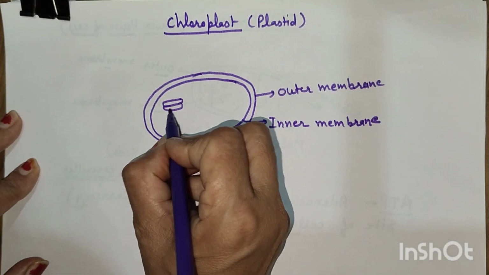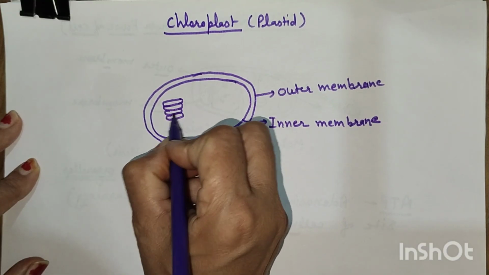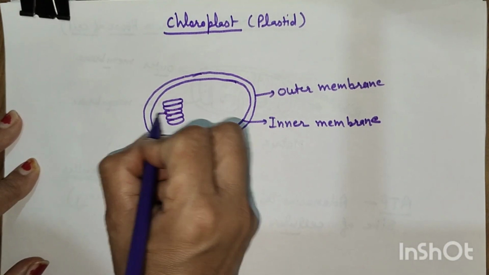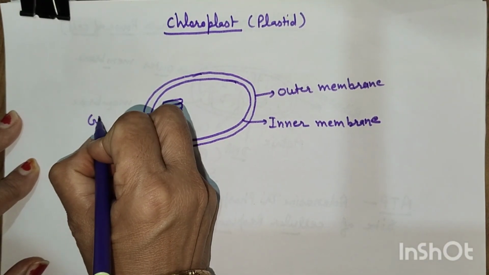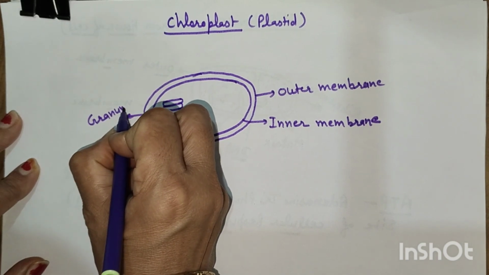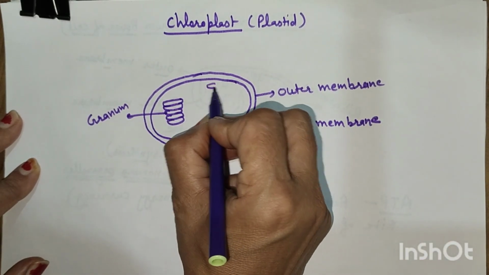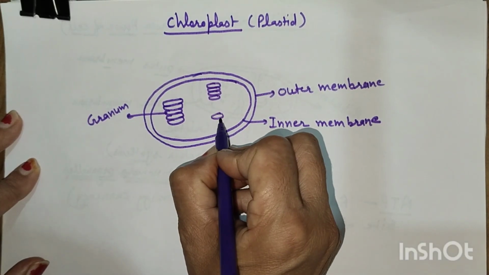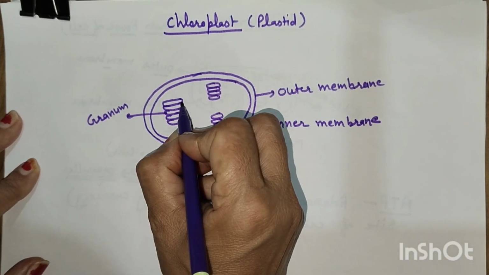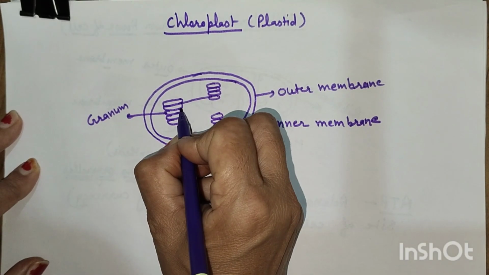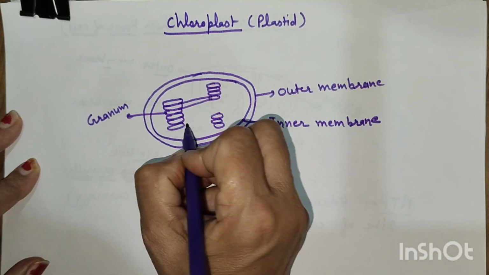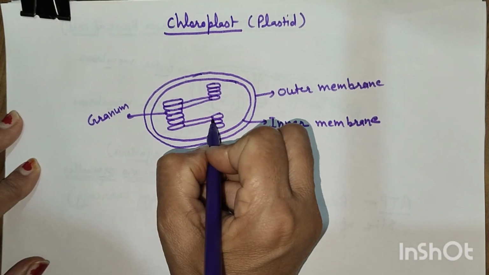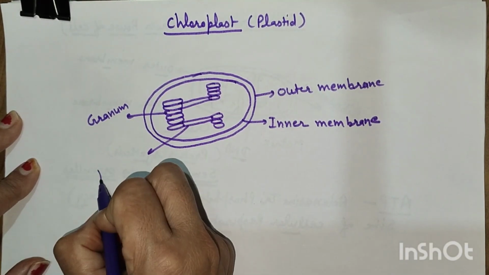Here are the coin-like structures. These are called granum. The different coin-like structures are called grana, and these are attached with the lamellae.